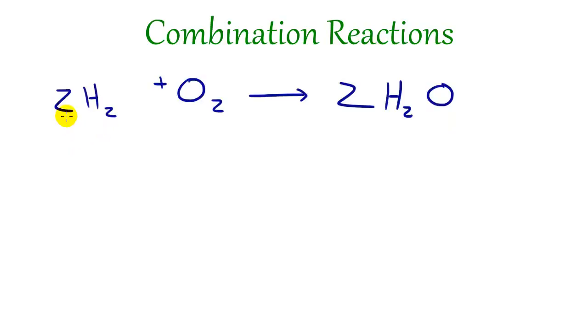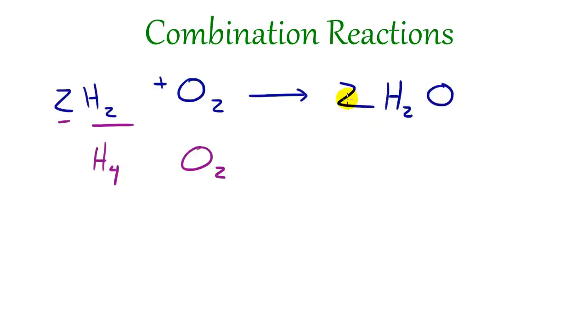So in order to do that, remember, 2H2 pretty much means 2 of these H2. In other words, H4. We got 4 atoms of hydrogen. Now there's no coefficient on the O2, which means we just have 2 atoms of oxygen.